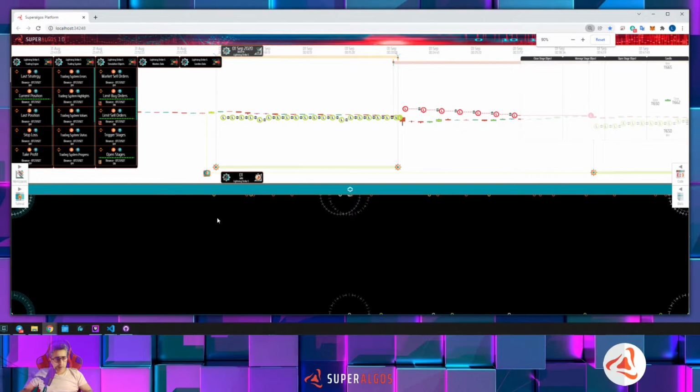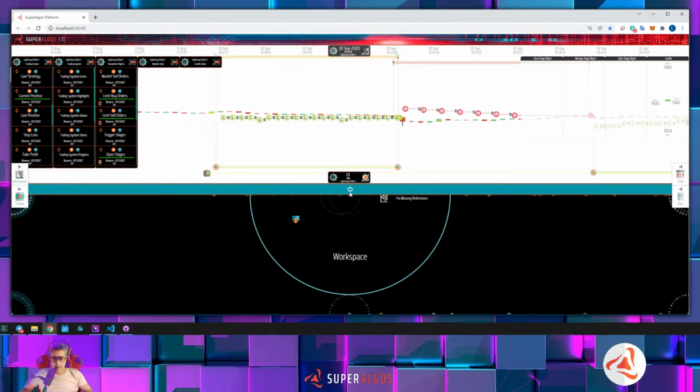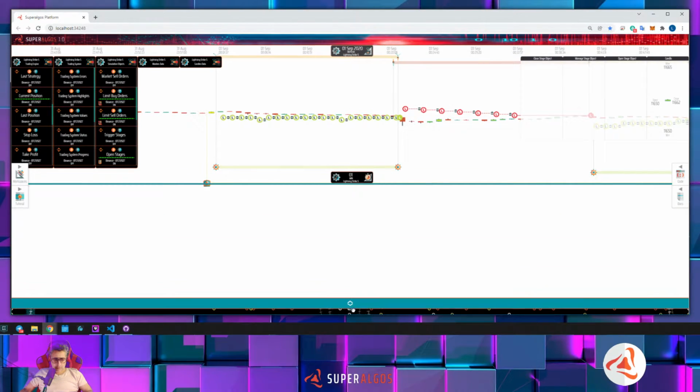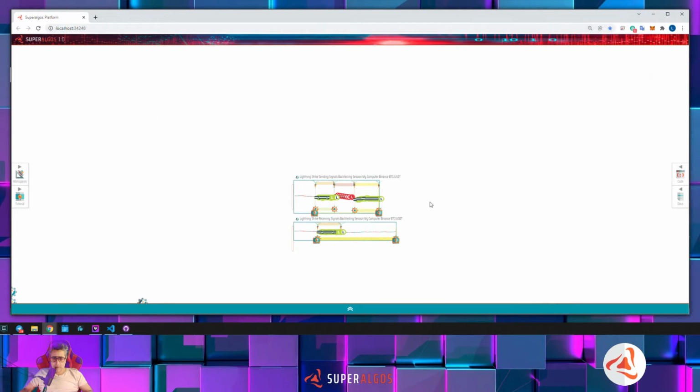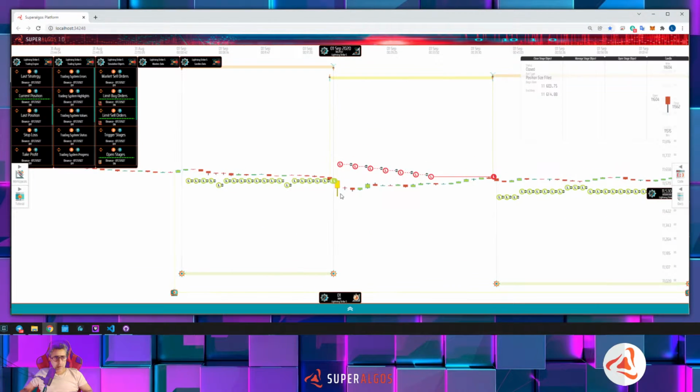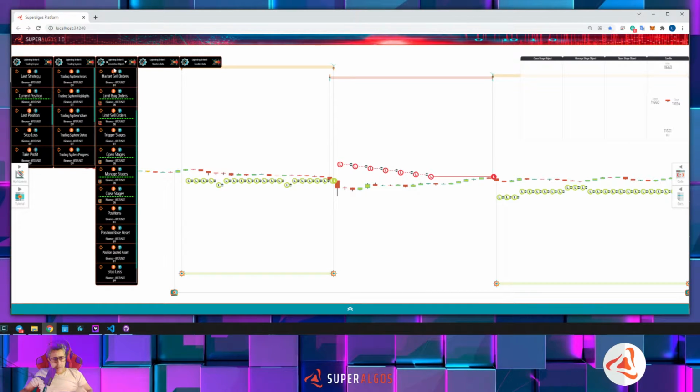Okay, these are indicators. We don't need this. These are indicators. I'm going to make it a little bit bigger so that everybody can see.